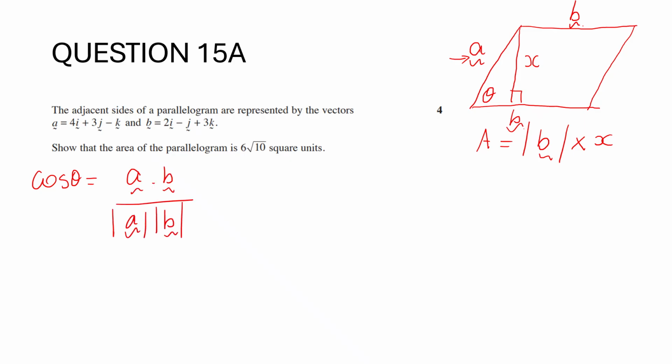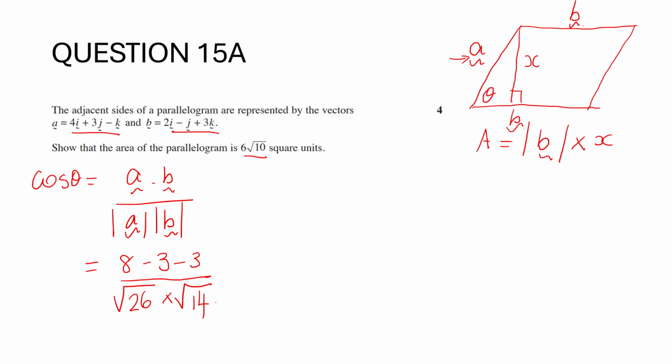We've got an added complication here because we have got exact values, but never mind. Okay, the dot product of A and B is going to be 8 take away 3, over the square root of this magnitude here. So that's 16 and 1 and 9 is 26. And here, magnitude of this one is 4 plus 1 plus 9 is 14.